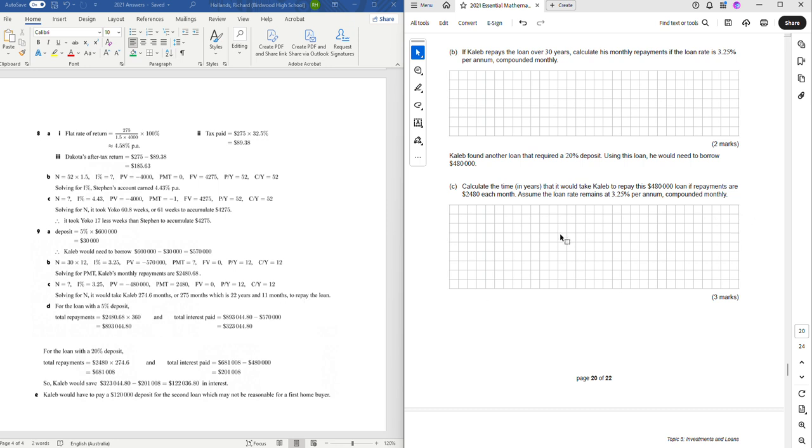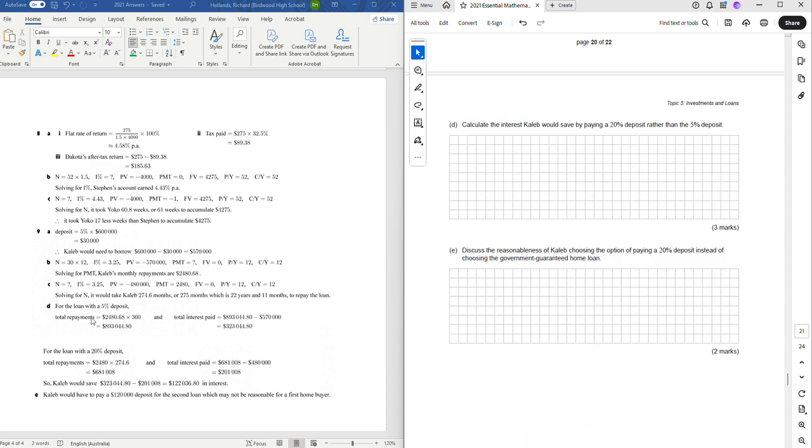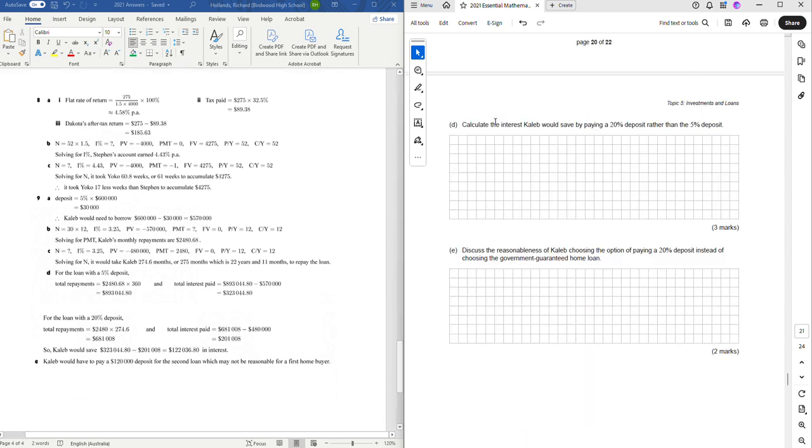D, for the loan, calculate the interest Caleb would save by paying a 20% rather than a 5% deposit. Okay, so for the 20% loan, these are our total repayments. The total interest paid is total repayments minus the principal, which gives us $201,000.